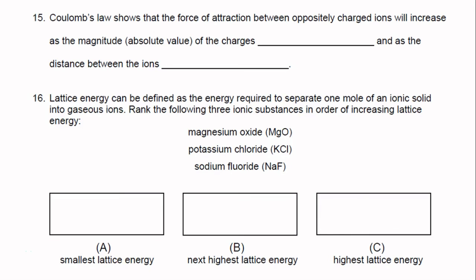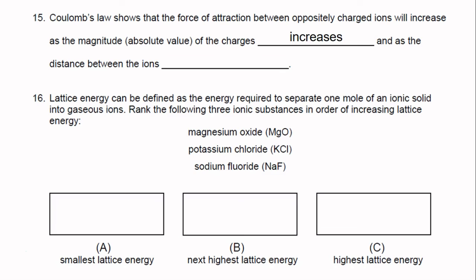Number 15, Coulomb's law shows that the force of attraction between oppositely charged ions will increase as the magnitude or the absolute value of the charges does what? Well, there'd be a greater attraction between the ions if the magnitude of the charges increase. In other words, a +2 -2 attraction between ions would be greater than with a +1 -1 charge.